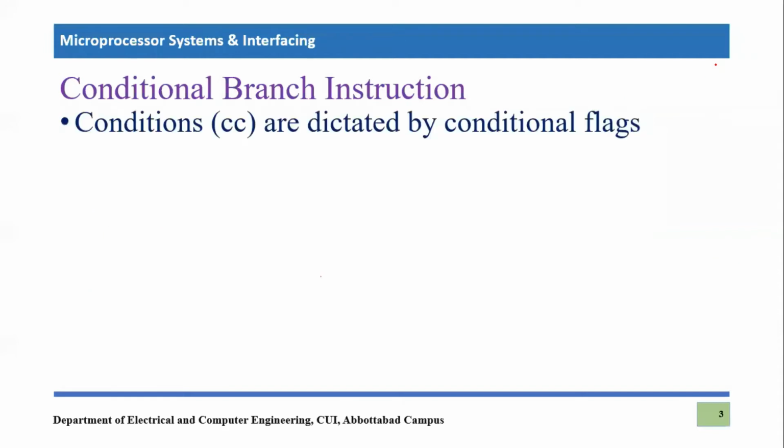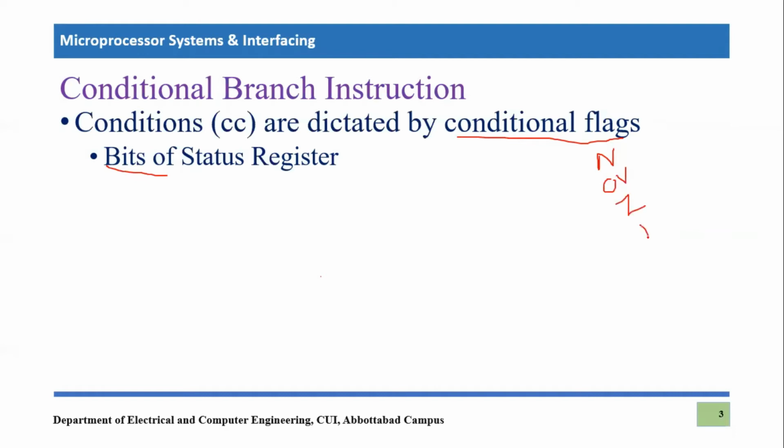So let's see what different conditions can be present in conditional branch instructions. These are normally dictated by flags. Flags are individual bits of the status register. We know that there are various flags: for example, the negative flag, the overflow flag, the zero flag, the digital carry flag, and the carry flag.